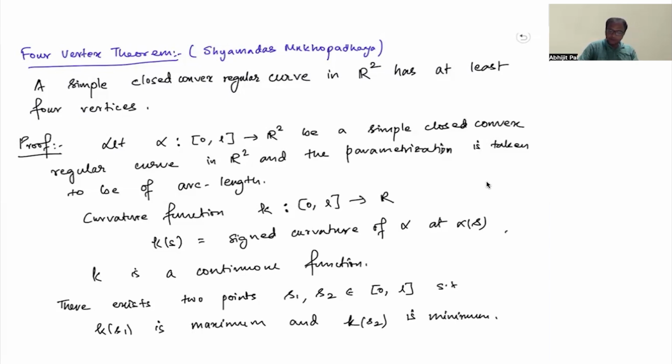So at these extremum points, this K prime will be equal to 0. So K prime(s1) is equal to 0 and K prime(s2) equals 0. Therefore, we have at least 2 vertices.